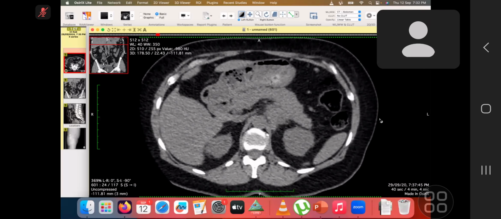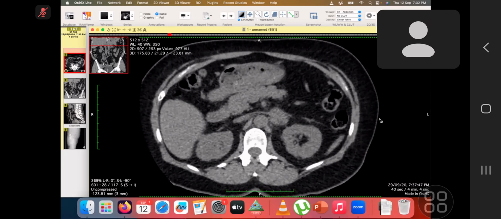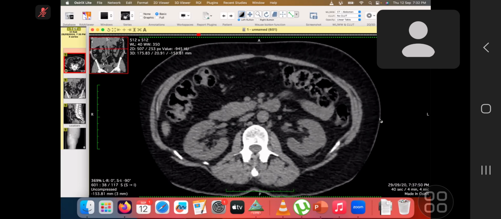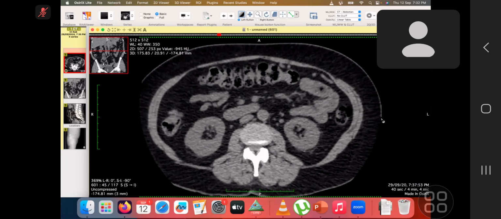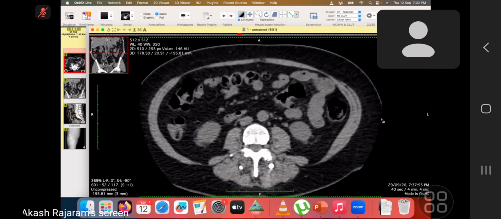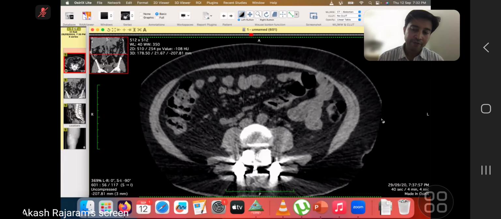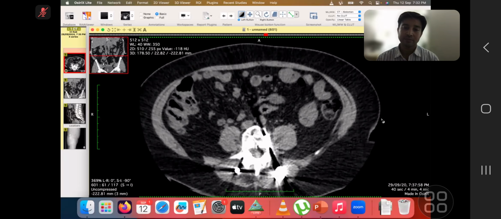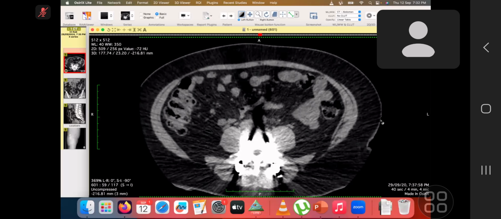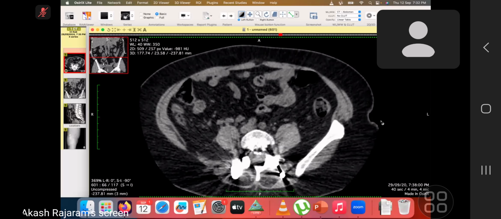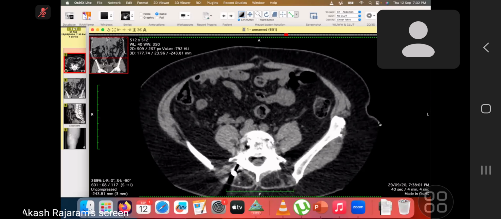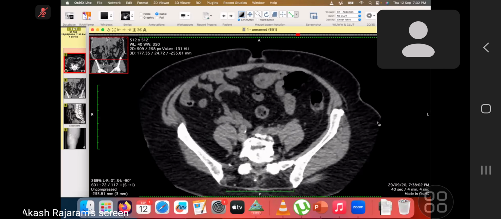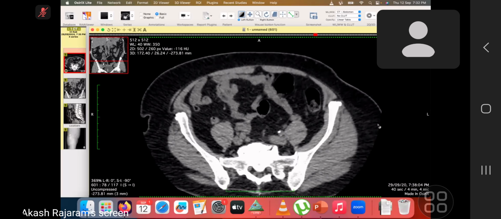So I'm provided with the CT abdomen without contrast, axial images of an adult patient. He's come with history of left-sided loin pain. I am looking through the images thoroughly.